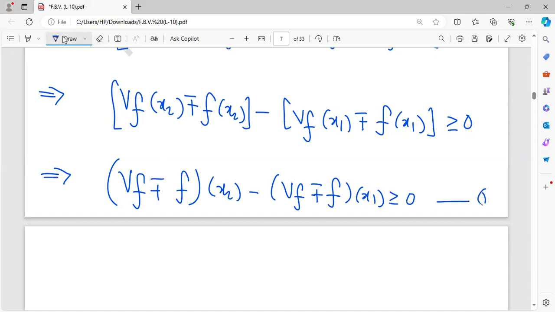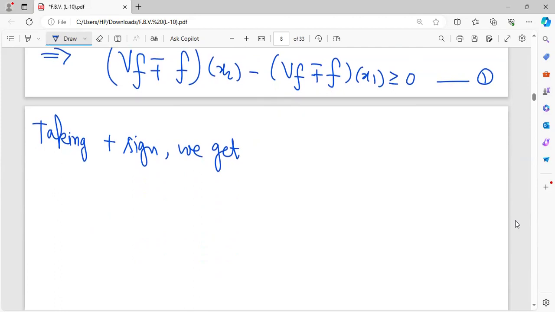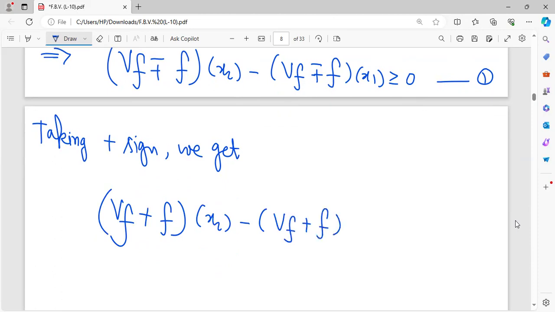So let's see equation number 1, taking the positive sign. What do we get? V_f(x2) plus f(x2) minus V_f(x1) plus f(x1) is greater than or equal to 0.